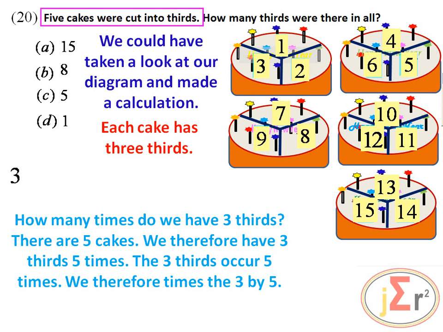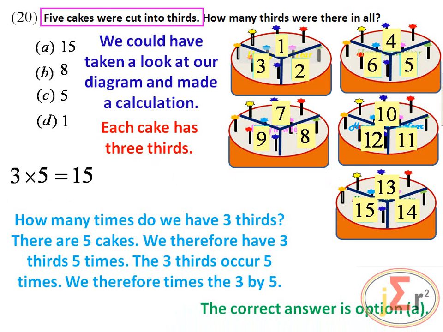Right. That's a very good idea. And we have 3 thirds occurring 5 times. So times the 3 by 5. And 3 5s, 15. The correct answer is option A. That's it.